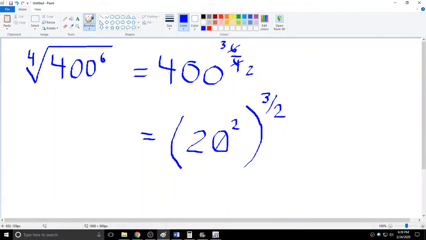I could have factored 400 into prime factors, but here writing it as 20 squared does something good for you. It gives you a nice integer exponent. So you get 20 to the third power. When you multiply 20 times 20 times 20, you get 8,000.